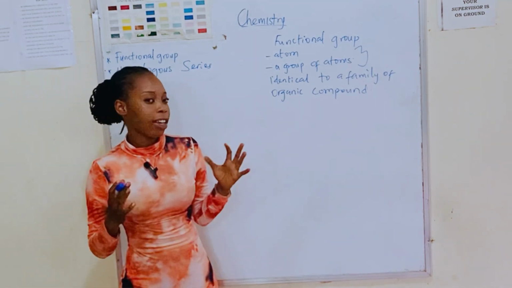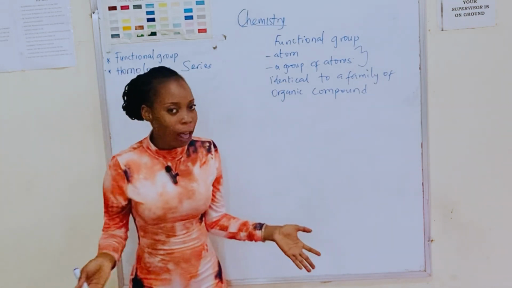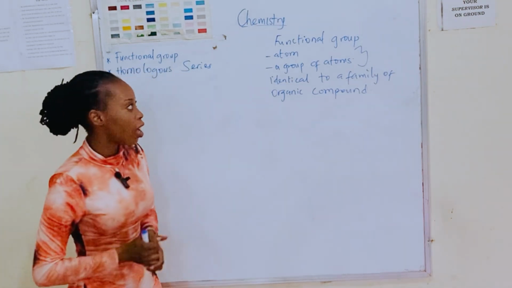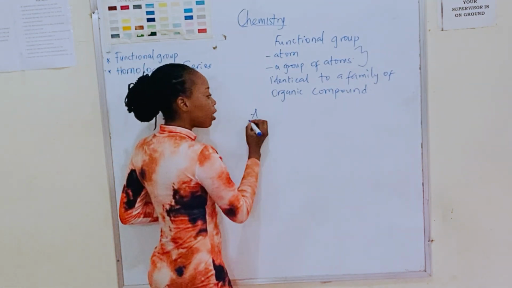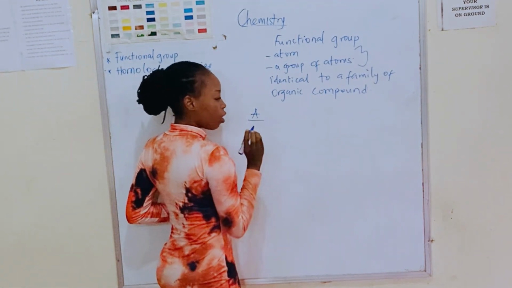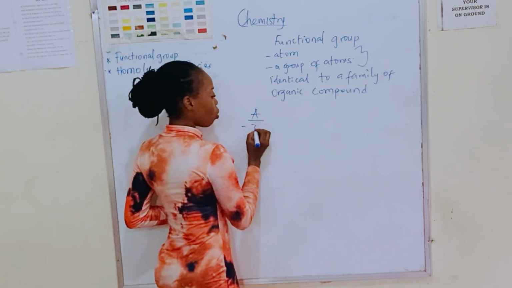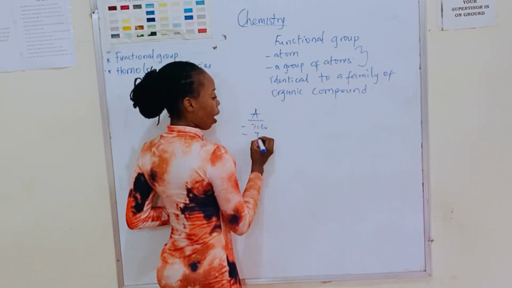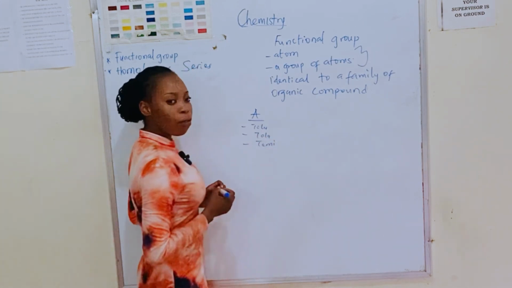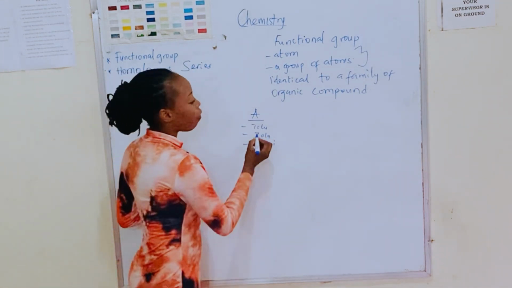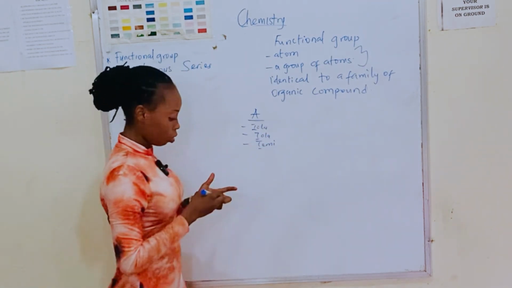So let me give a basic example just for you to understand. Let's say we have a family called A, and in this family we have children like Tolu, Tola, Temi. You will find out that all of them have T in common.